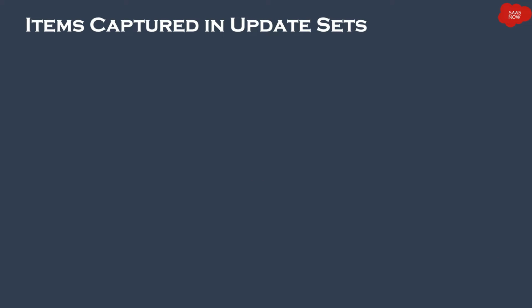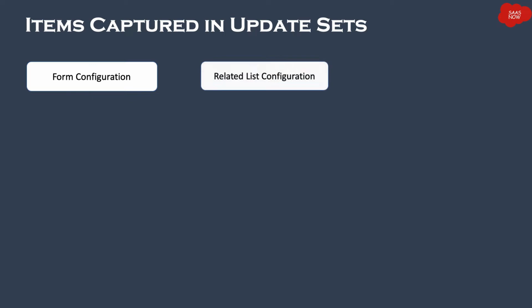Items captured in update sets. There are a lot of different items in ServiceNow which are captured automatically. You don't have to do anything manually to force them to be captured in update sets. Items like form configurations. Whatever configuration you do on a form, it does get captured in update sets.